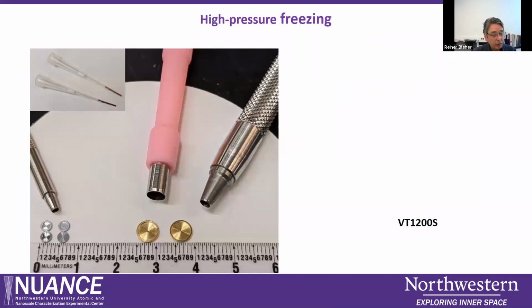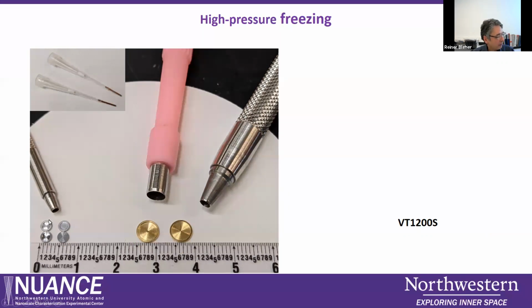So while we can freeze larger sample volumes with a high pressure freezer, there are limitations to sample size. Here we see the three basic sample holder types that can be used for high pressure freezing. We have the 3 millimeter plunge system, we have the 6 millimeter system, and we have the tube system in which small copper capillaries are frozen.